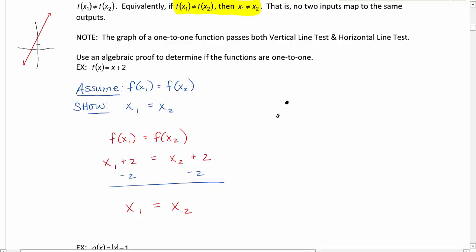So we'll use our 3 dots in a triangle to represent therefore. Therefore, f of x equal to x plus 2 is a one-to-one function by the contrapositive.